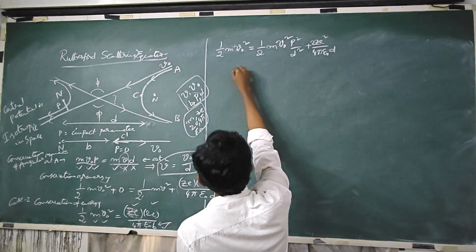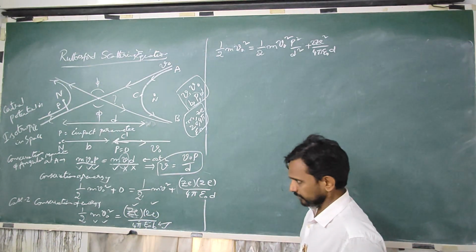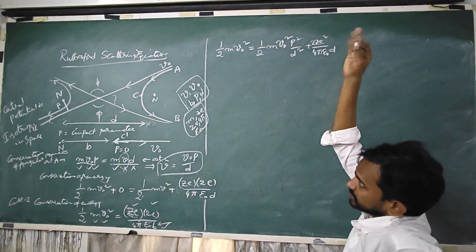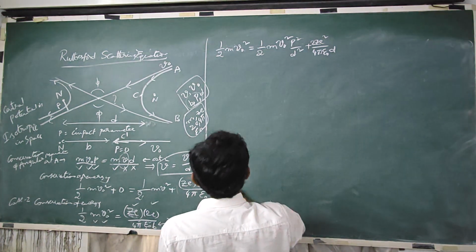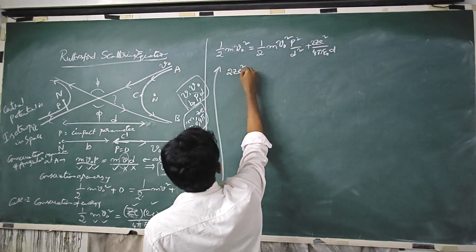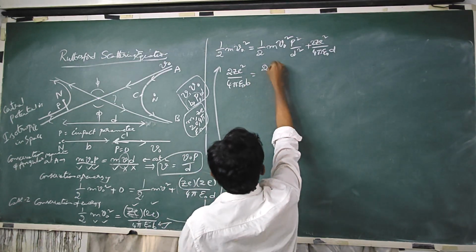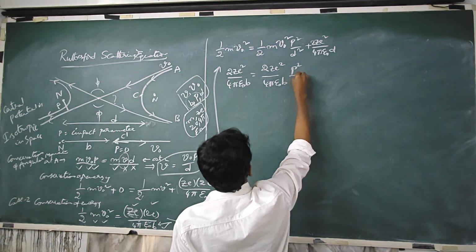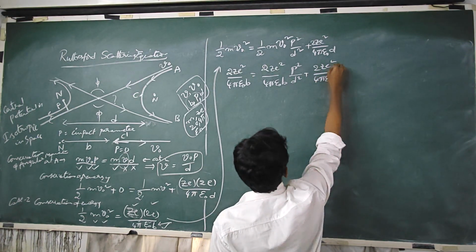And half m v naught square, from this equation, is equal to 2z square by 4 pi epsilon naught b. So I'll replace half m v naught square everywhere. So I substitute this. So what do I get? 2z square by 4 pi epsilon naught b is equal to 2z square by 4 pi epsilon naught b p square by d square plus 2z square by 4 pi epsilon naught d.